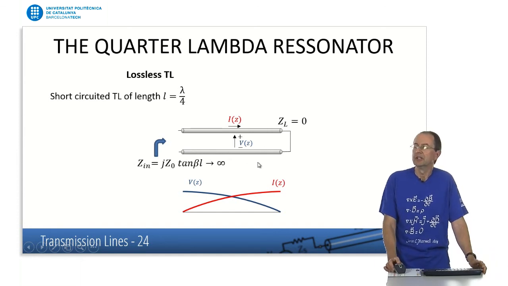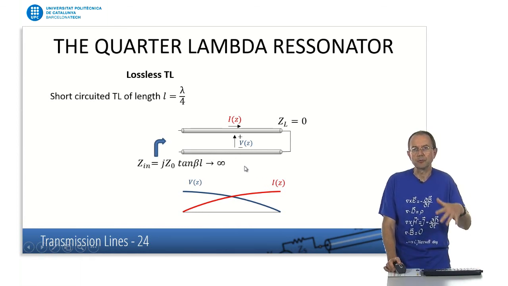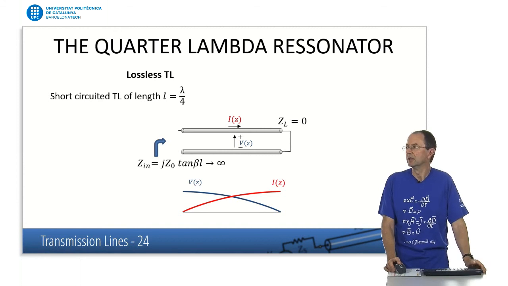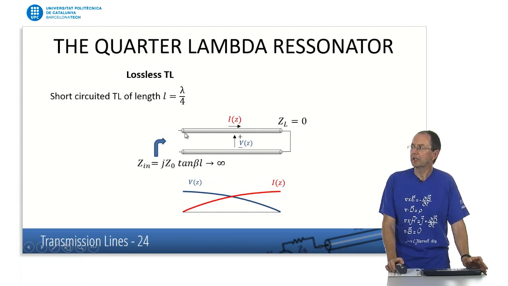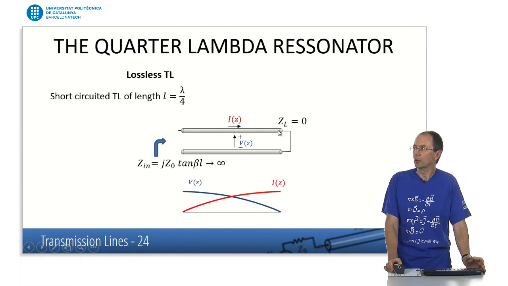Of course, in reality, if we have losses, there will be some decay with time, and this situation will be progressively going towards zero. But what is interesting, and that's important, is the particular case when we have a signal and a length of the line in such a way, given the frequency of the signal, that the length is exactly a quarter lambda.